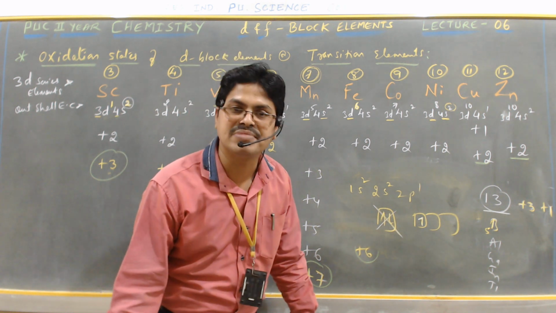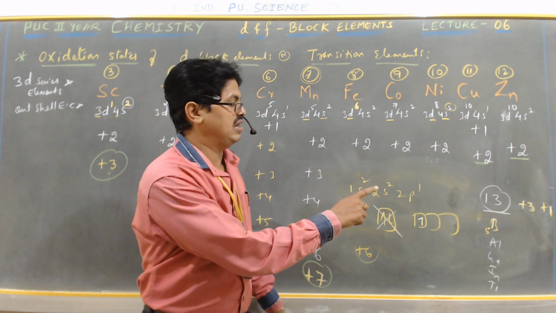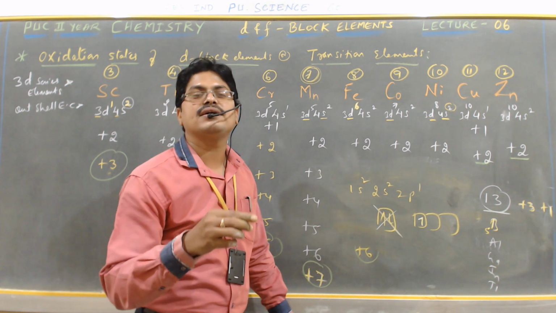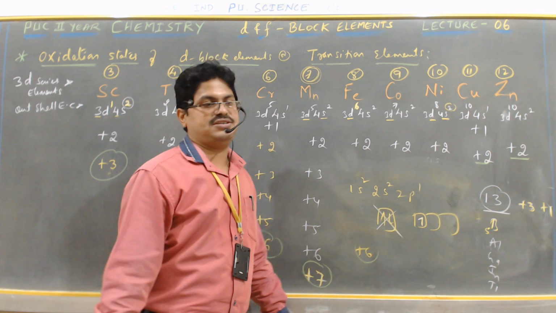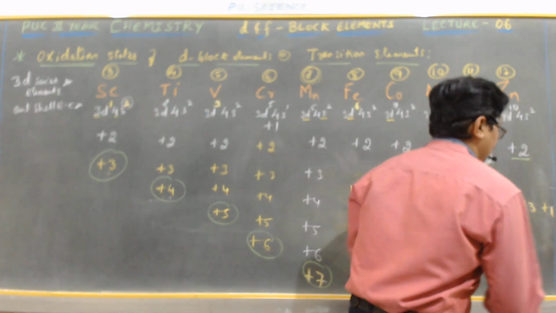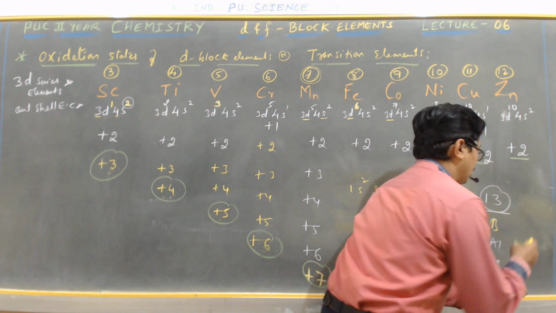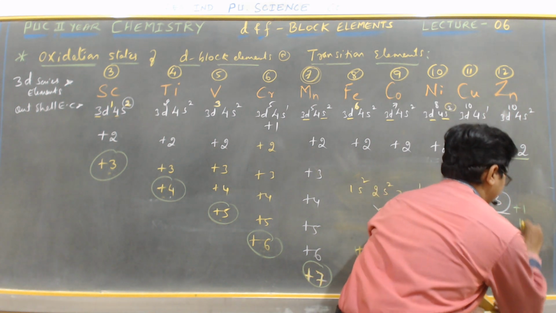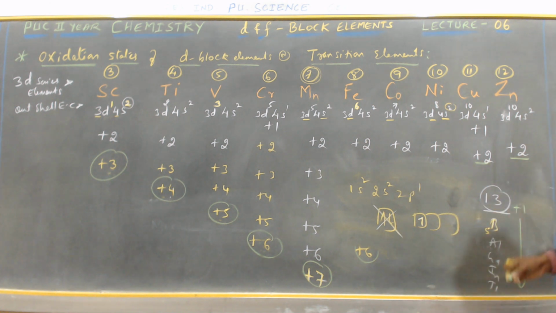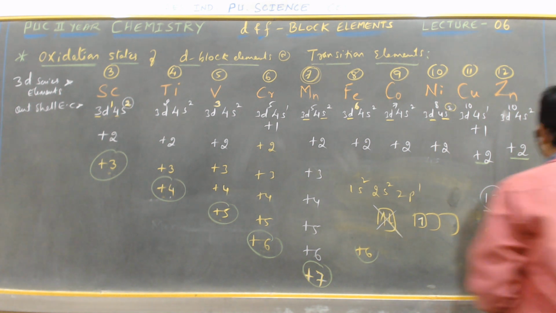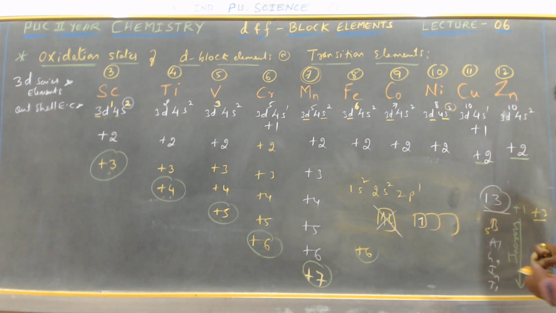Means the lower oxidation state is more stable. From top to bottom, the stability of the lower oxidation state, plus 1, increases, whereas the stability of the higher oxidation state, plus 3, which is the higher oxidation state for boron family elements, goes on decreasing.